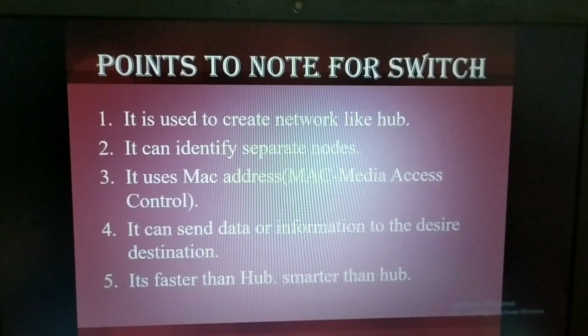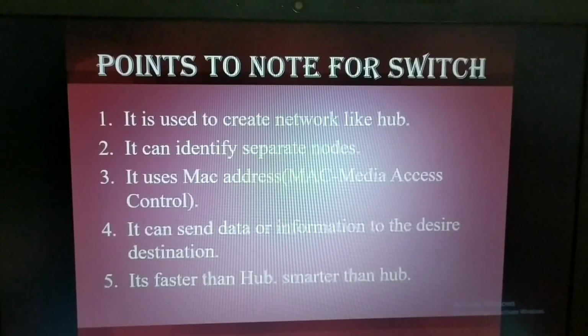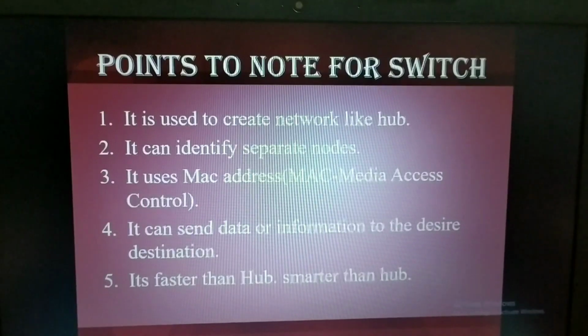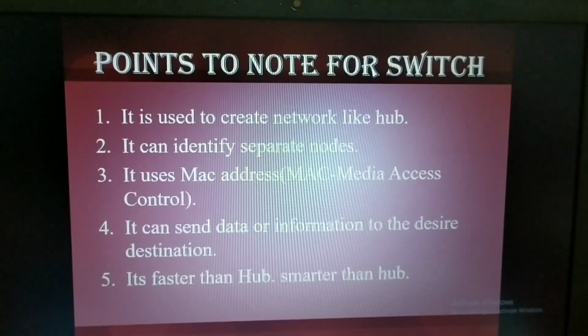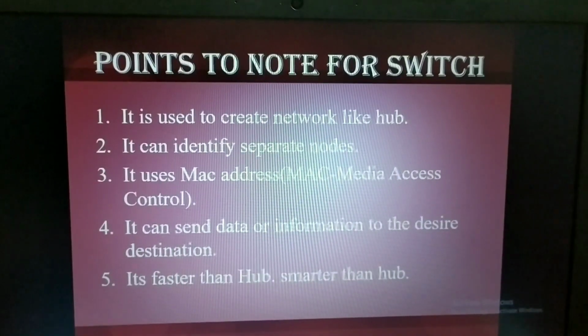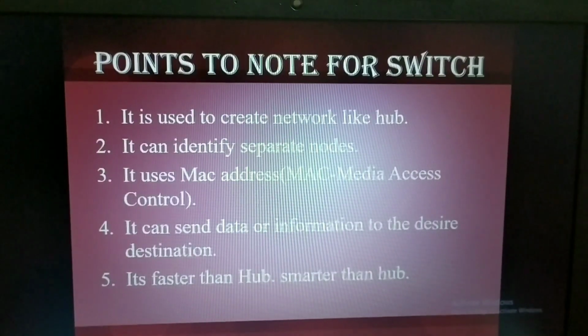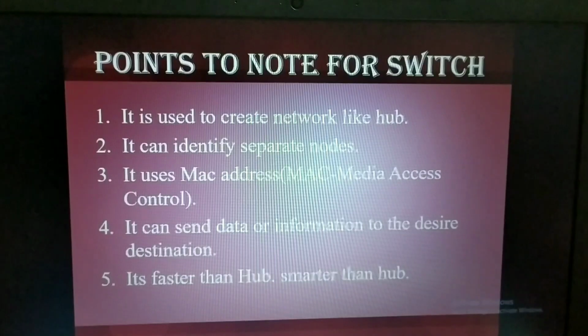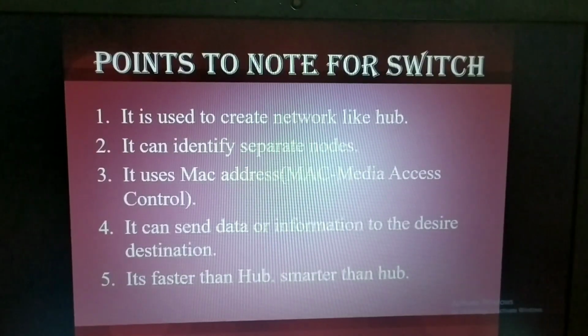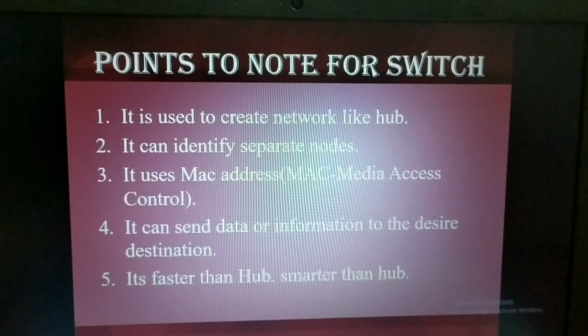So we can make the advantages and disadvantages of using switch from these points. How can we write them? See, it can identify separate nodes. That is a point of advantage.